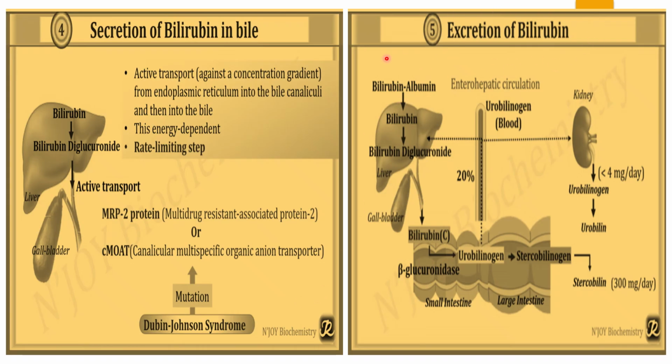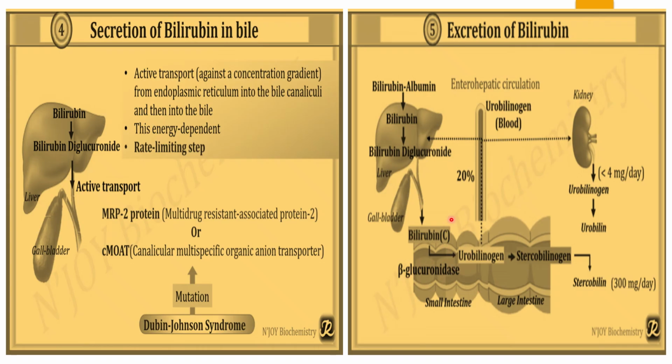Then the fifth step is excretion of bilirubin. So via bile, this bilirubin now reaches the gastrointestinal tract, and from here it is to be excreted out. So we'll see it here. This is the gallbladder. So via bile, this conjugated bilirubin now reaches the gastrointestinal tract, into the ileum and colon.